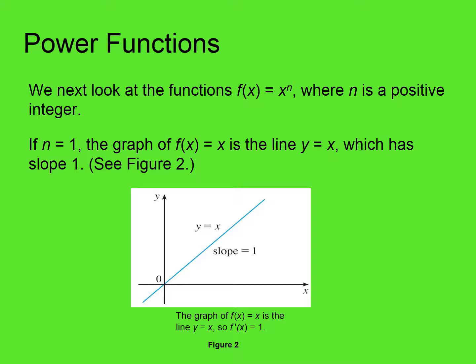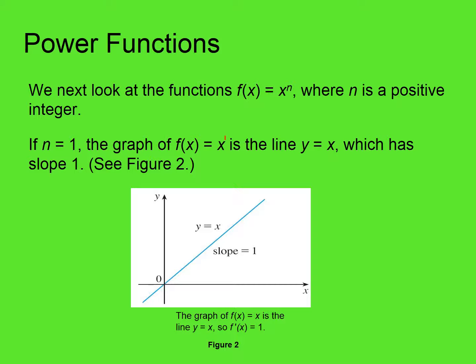And so let's see what happens with different values of n. For n equals 1, then we have f of x equals x to the first, and that's the line y equals x, the graph of the identity function, and the slope of that is 1 because you always rise 1, run 1.